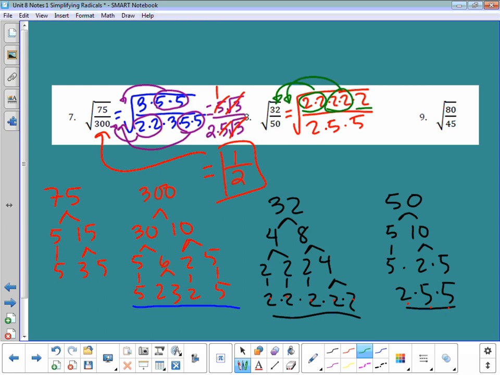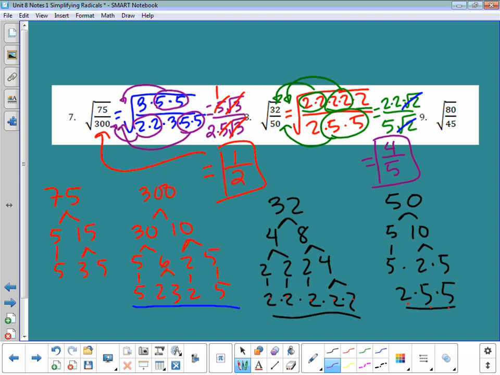This 2 is alone, so I have to leave it. On the bottom, I can take out that 5. So look at what I have left. I have 2 outside times another 2 outside times the square root of 2. And I have a 5 outside times the square root of 2. But again, we all know square root of 2 over square root of 2 goes away. If I simplify what's left over, that's 4/5.